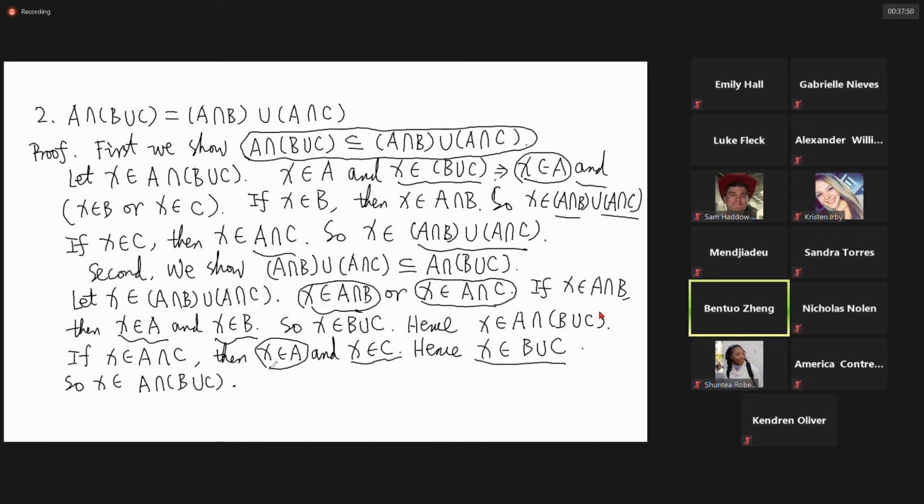Okay, so in both cases we showed x is in A intersect with the B union C.